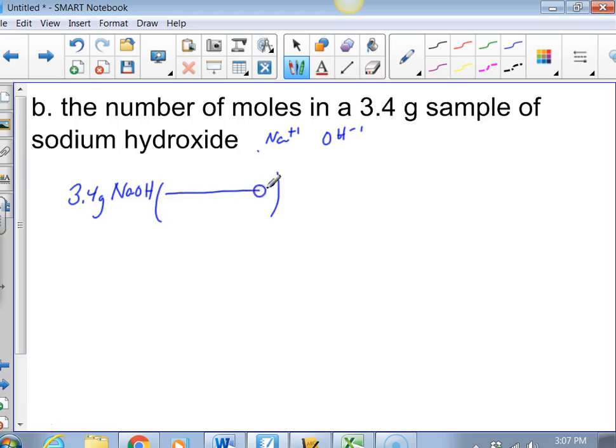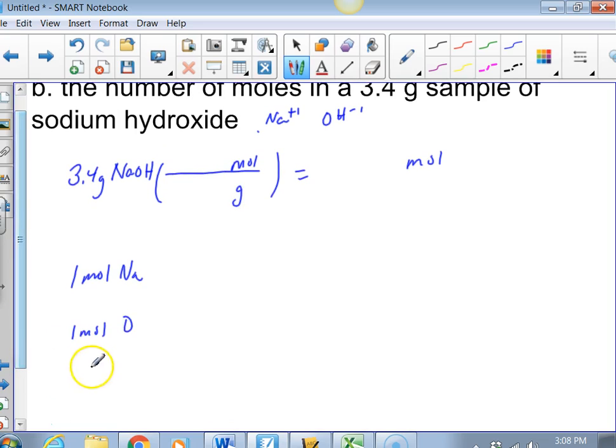We want to know a number of moles. So we want mole in our numerator, and we want to cancel grams. For sodium hydroxide, we've got 1 mole Na, we've got 1 mole oxygen, and we've got 1 mole hydrogen.